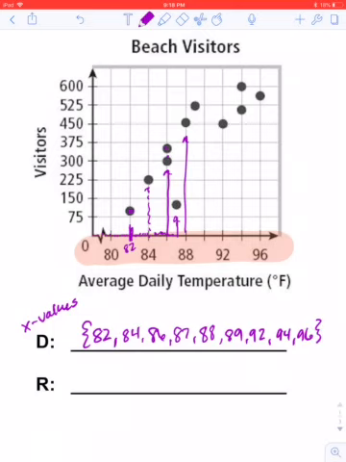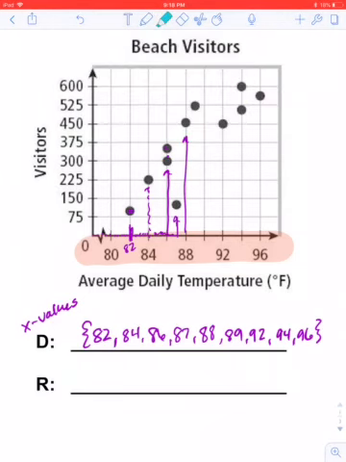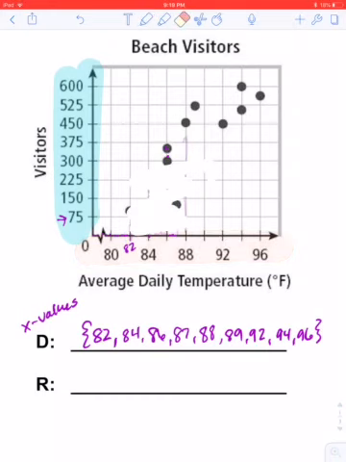Okay, so now I do the same thing for the range. The range, however, is going to be the y value. So I'm going to focus my eyes on that blue axis, the y coordinates. So again, I'm going to start with the smallest number, which would be down here at 75. I'm going to read to see when I actually have a point that hits this graph. I'm actually going to erase all this other purple. Okay. So 75 doesn't have a point on it, but all of a sudden right here I've got a point. So let's call that maybe like 80.